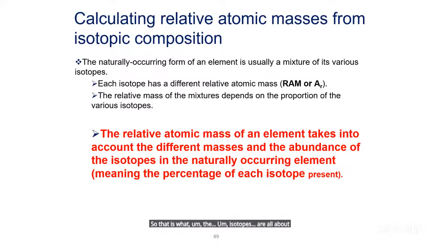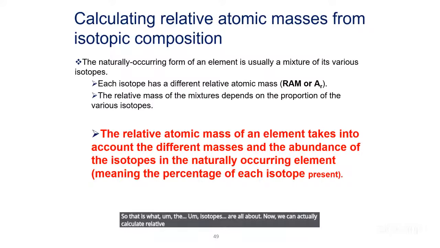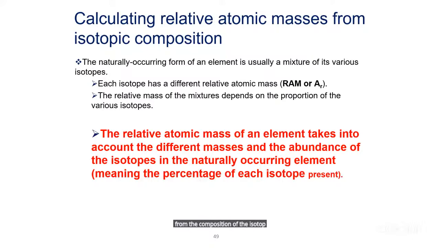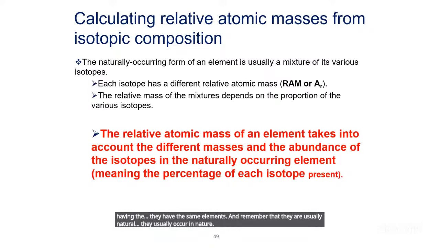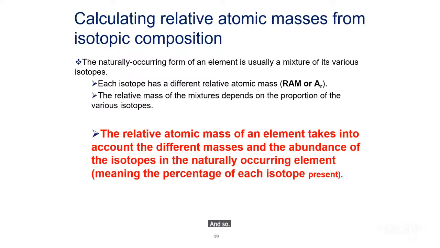Now, we can actually calculate relative atomic masses from the composition of the isotopes, because those isotopes are of the same element. And remember that they usually occur in nature. And so their mixture is what you can use to calculate their relative atomic masses.